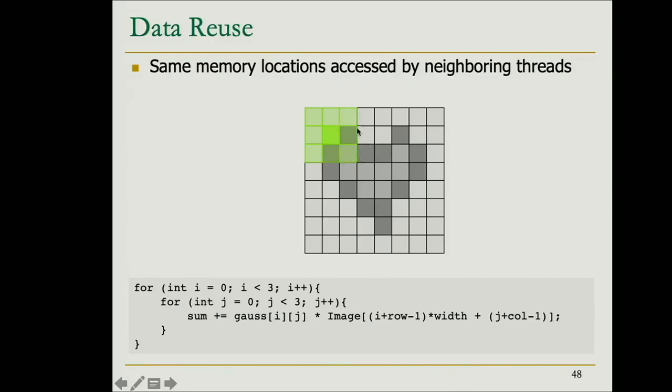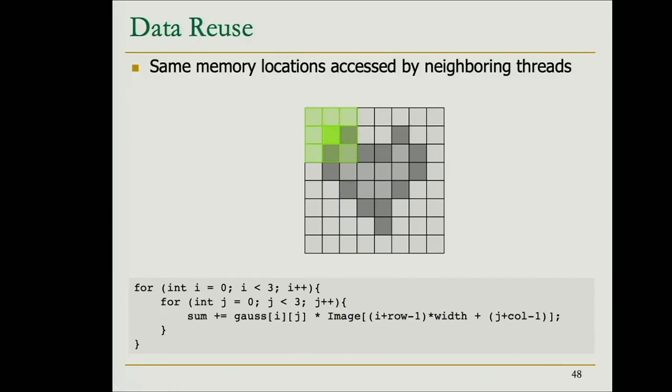So there is a lot of reuse across the threads that are computing on these 2 pixels. In particular, out of the 9 elements, 6 are shared. That's the data reuse, and that's what we have to take advantage of.